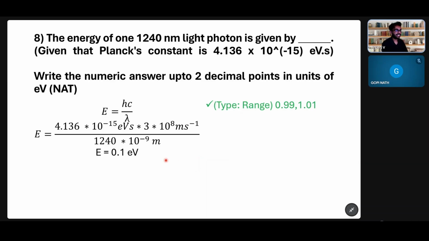Sorry, I think the answer is 1 electron volt. I mistakenly wrote it as 0.1 electron volt. I'll change it later.